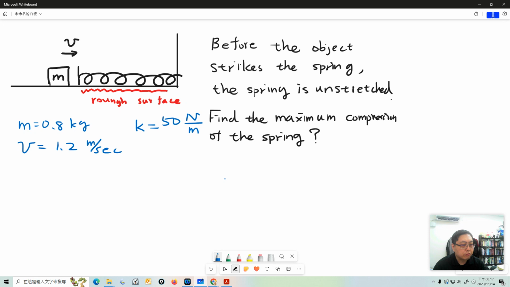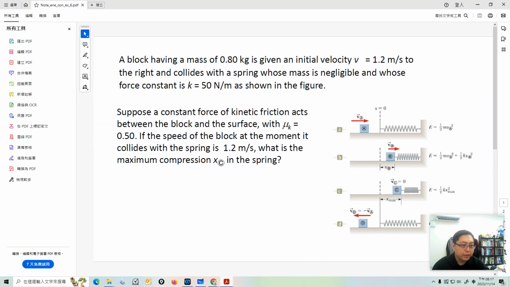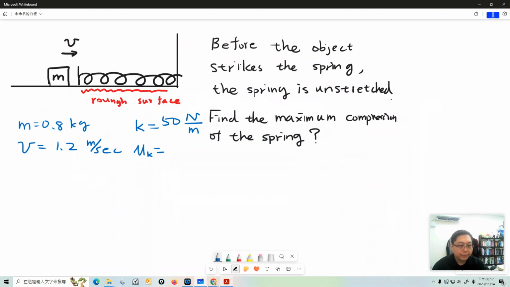What else? Oh yeah, the kinetic friction coefficient mu_k is 0.5. I forgot, I have very short-term memory. Okay, 0.5. That's probably all the information. Okay, so let's start.